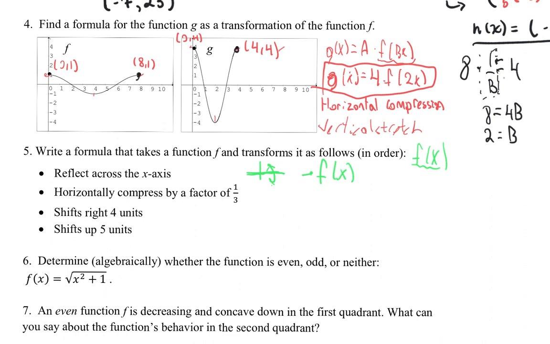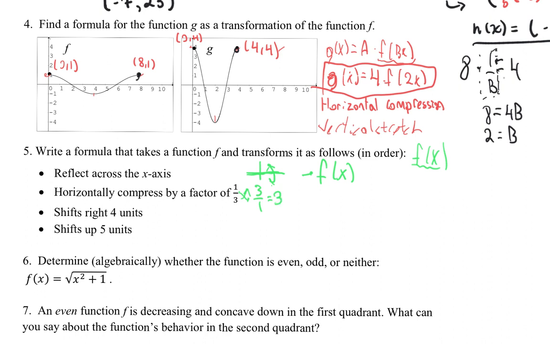Okay, now that I have negative f of x, let's go through the next one. Horizontally compressed by a factor of 1/3. Well, as I discussed earlier, horizontal stuff kind of acts a little bit opposite of what you expect. So when you're compressing by a factor of 1/3, what you really put inside the function is you flip this fraction. So 1/3, if you flip it, you get 3 over 1.